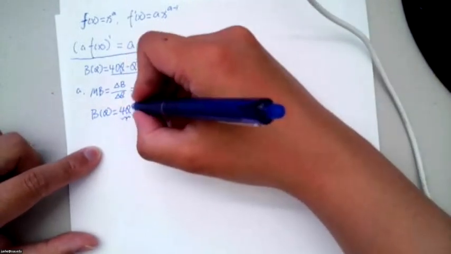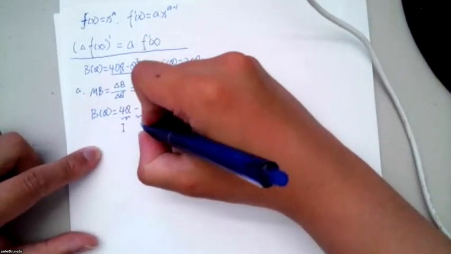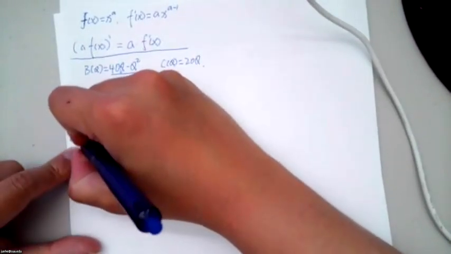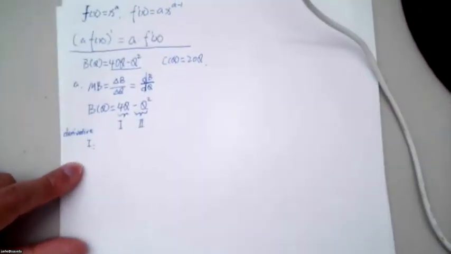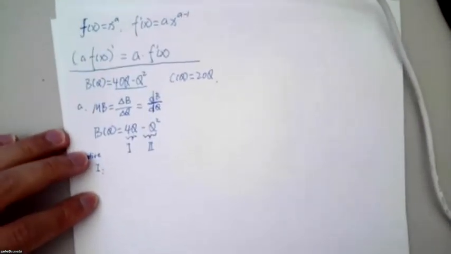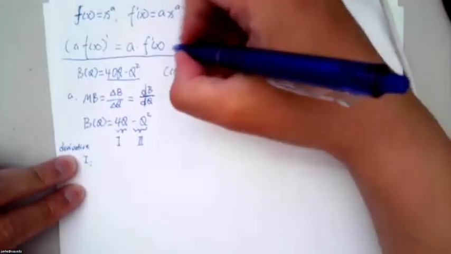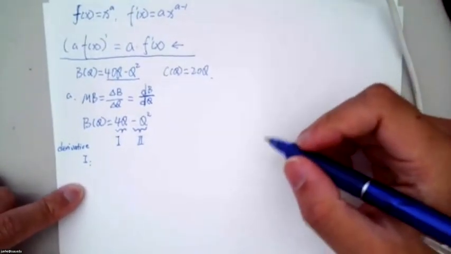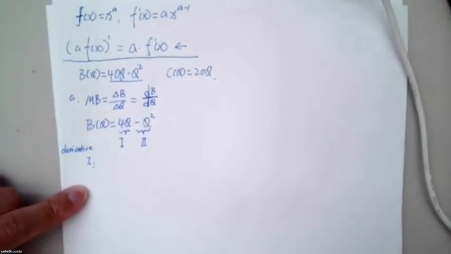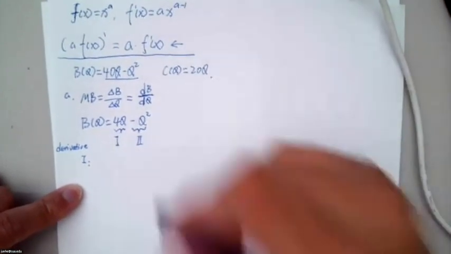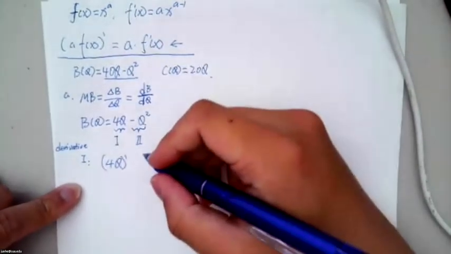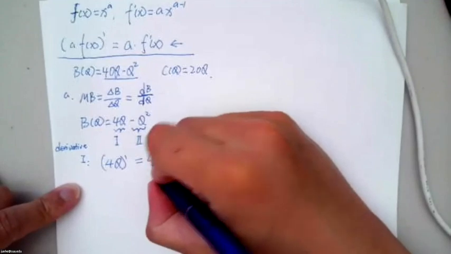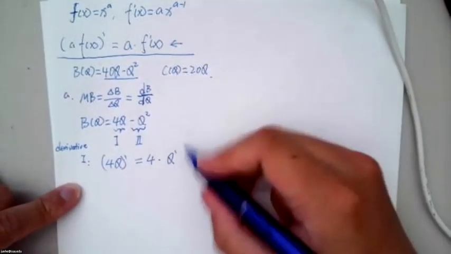So for the first term, the derivative should be found by applying the second rule. That is the derivative of 40 times Q. What's the derivative of that? It is 40 times the derivative of Q with respect to Q.